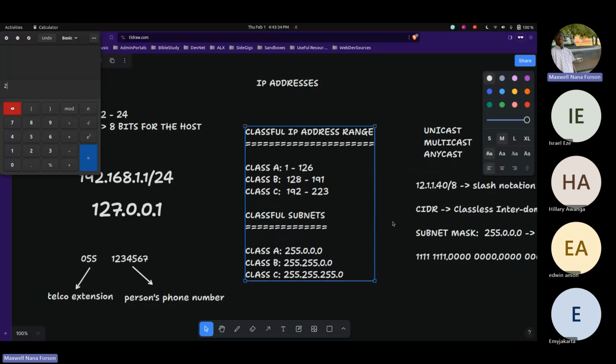That means that we raise 2 to the power 8, and usually we subtract 2 because there's the network address and the broadcast address, which we don't have to worry about for now. So on a class C network, we can have up to 254 devices, which makes sense in a particular setting.